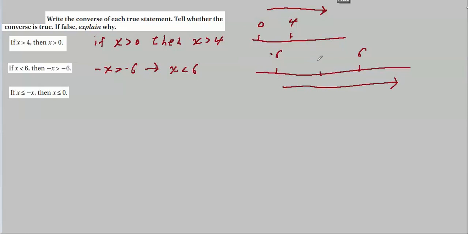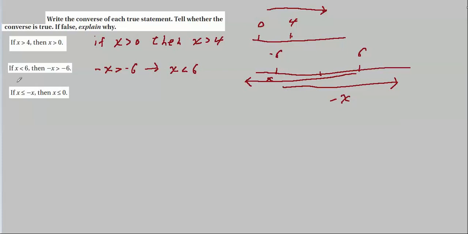Well, that's going to mean that x has a minimum over here. The minimum is minus 6, which means over here the maximum is going to be plus 6, and it goes down from there. So, if minus x is greater than minus 6, meaning minus x is over here, then x is over here. And that is in fact less than 6, isn't it? So, this one, the converse, is true.